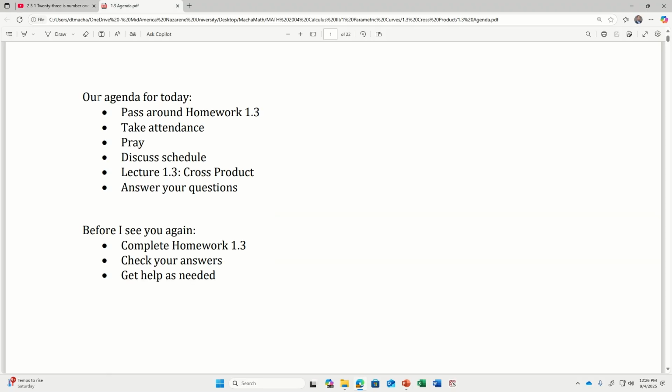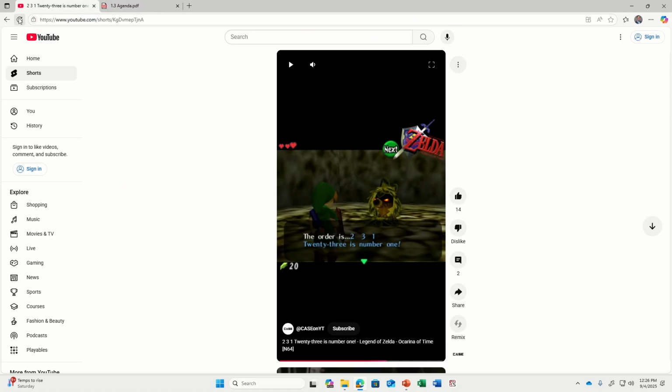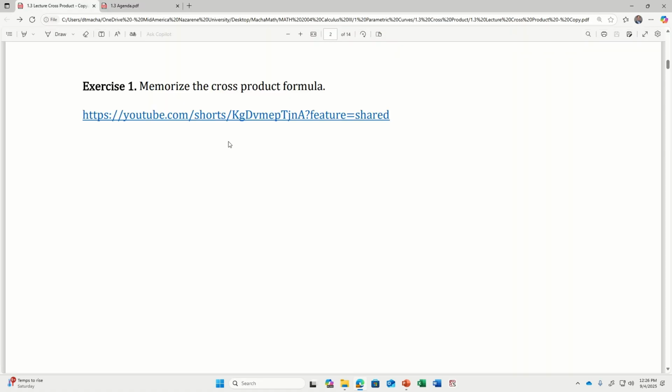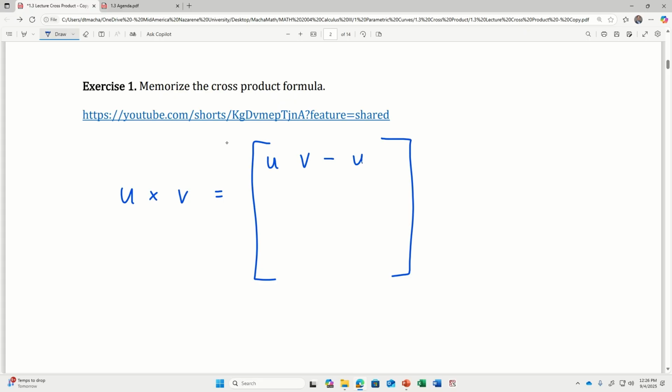So what we're going to do to memorize the cross product formula is this. We're going to say u cross v is equal to a vector that has 3 entries. And every single entry in this vector is going to look like this: u v minus u v, u v minus u v, u v minus u v.